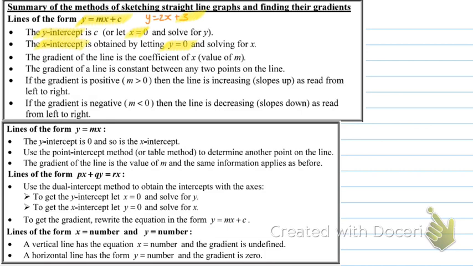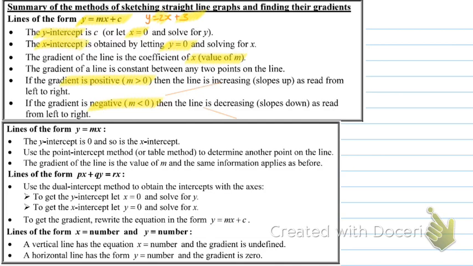The gradient is the coefficient of x, or the value m, so in this case it would be 2. The gradient is constant between any 2 points. If the gradient is positive, I will have an uphill or increasing line. If the gradient is negative, I will have a downhill or decreasing line.